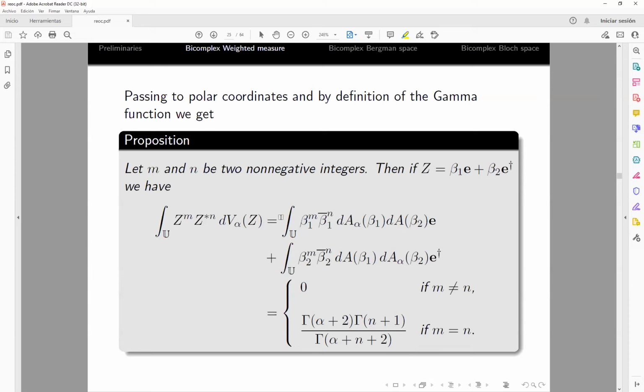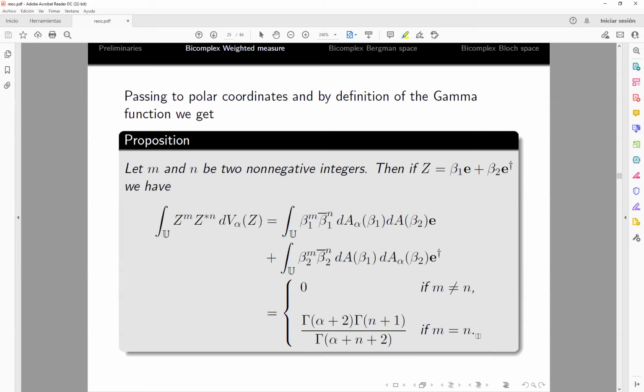If we write this integral in its idempotent form, then we get this result. It is equal to 0 if m is different from n, and is equal to this number, in terms of the gamma function, if m is equal to n.